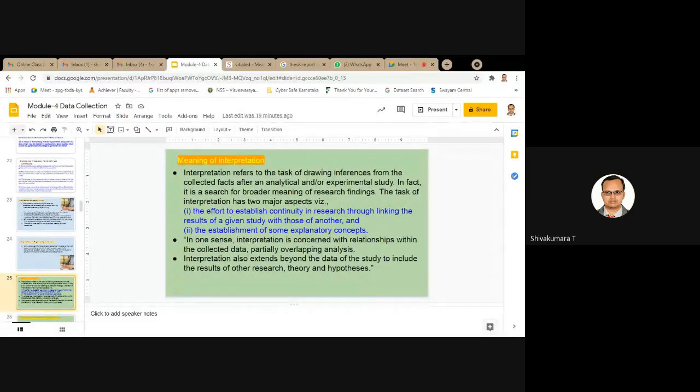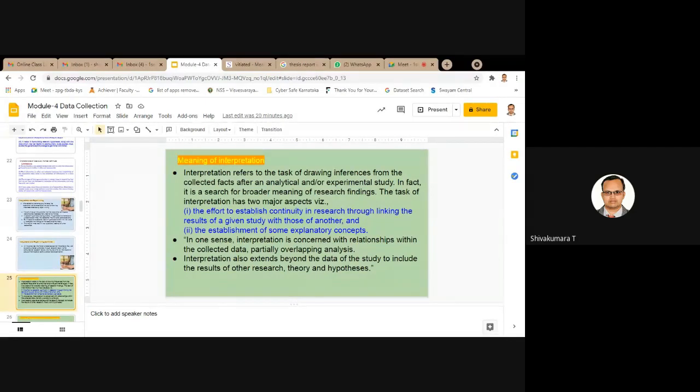Every research will not end up with only mathematical statements or problem solving. Every research does not end up with just description. All the research in this world is a unique research. So there is a possibility that some explanatory concepts are needed at the time of interpretation.